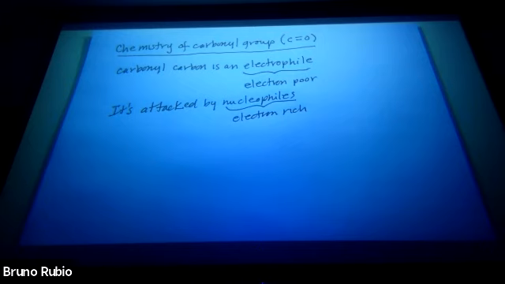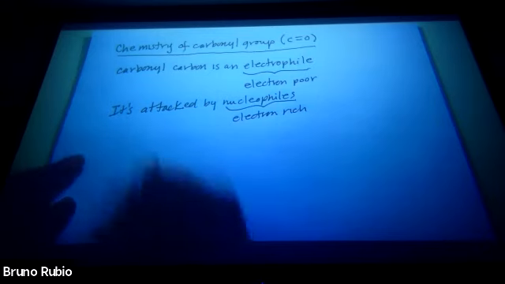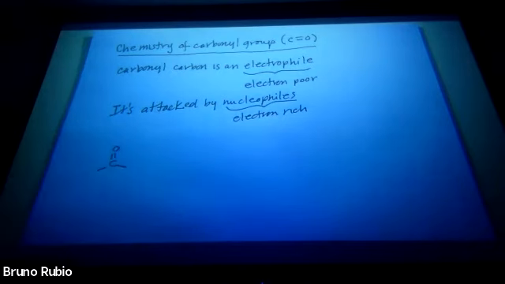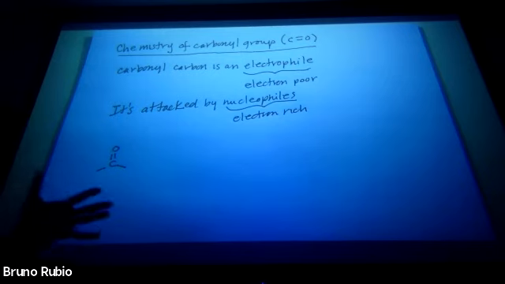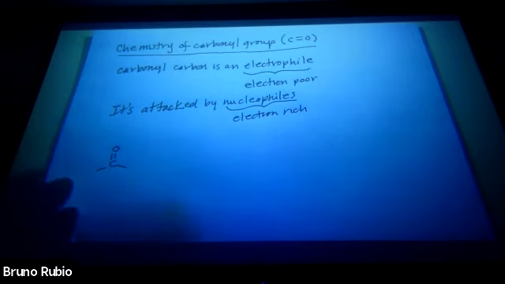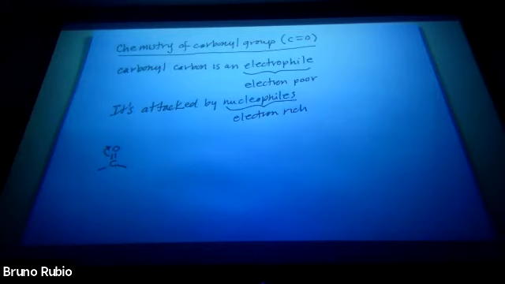We can see that the carbonyl carbon is an electrophile when we draw what is called its resonance structure. All right, so the carbonyl group has this carbon-oxygen double bond. And because oxygen is so much more electronegative than carbon is, oxygen is sucking electrons away from carbon. And we symbolize that with an arrow that looks like that. Okay, so this arrow means that oxygen is removing electron density.